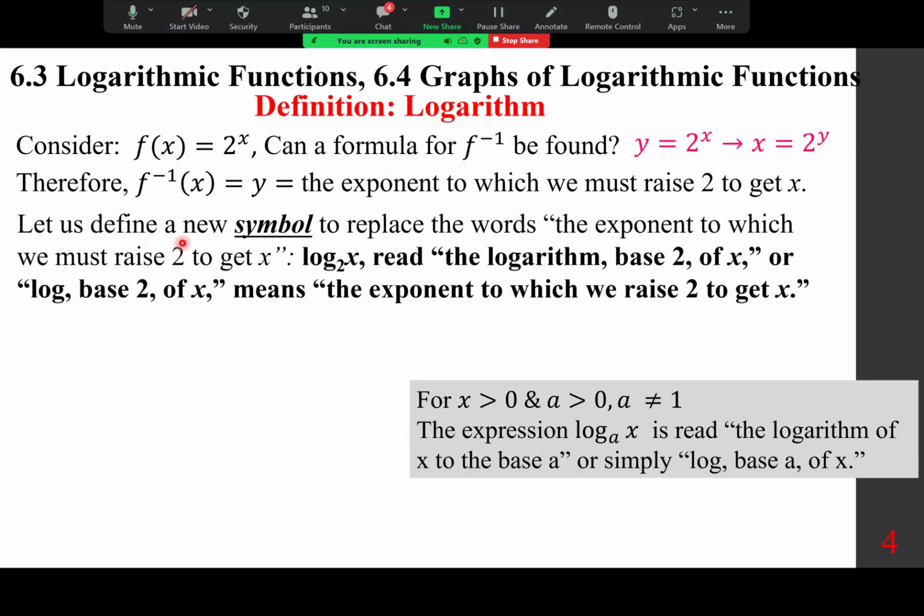Let us define a new symbol to replace the words, the exponent to which we must raise 2 to get x: log x base 2, and we read it as follows. The logarithm base 2 of x, or log base 2 of x, means the exponent to which we raise 2 to get x.